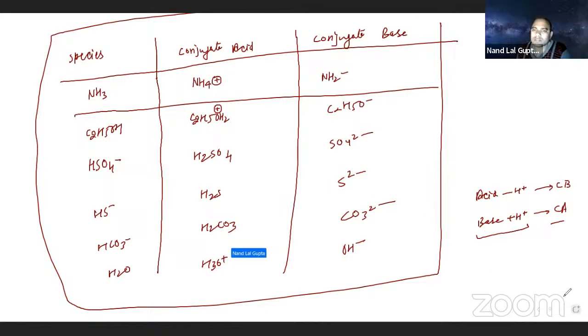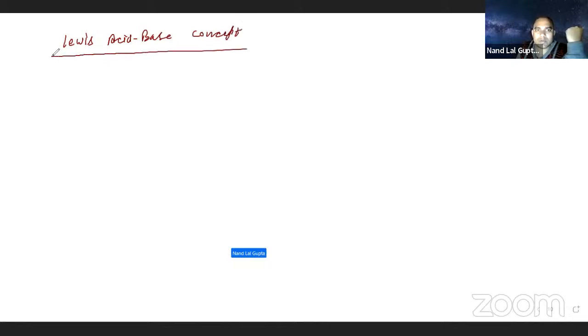Now we are going for the next one: the Lewis acid base concept. What is the Lewis acid base concept? It is based on lone pair electrons.